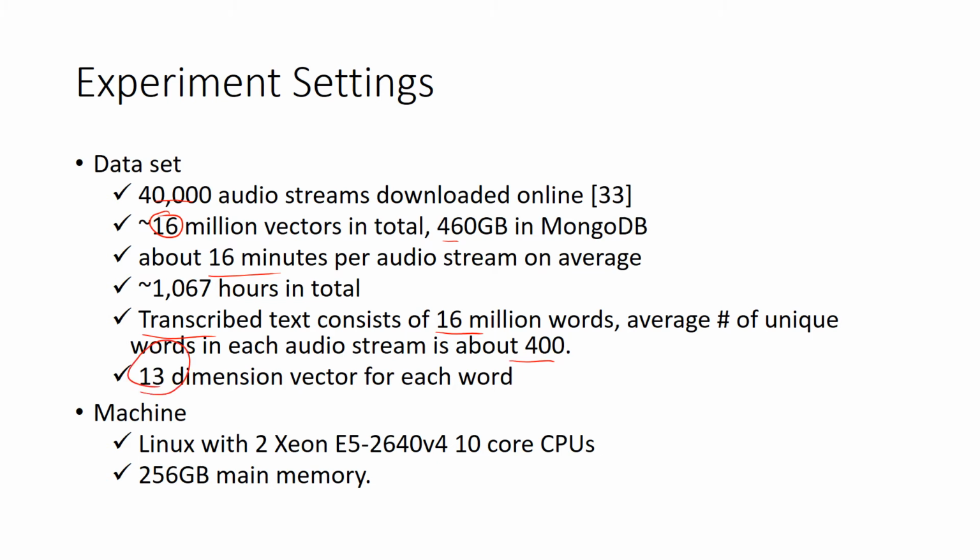The dimensionality can be any number in our index, but in the experiments we use 13, because this is the common number to represent the audio phonetic lattice. The experiment was conducted on a machine running Linux with two Xeon 10 core CPUs, and the machine has 256 gigabytes of memory.